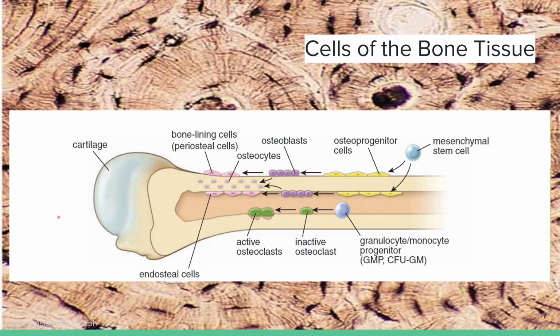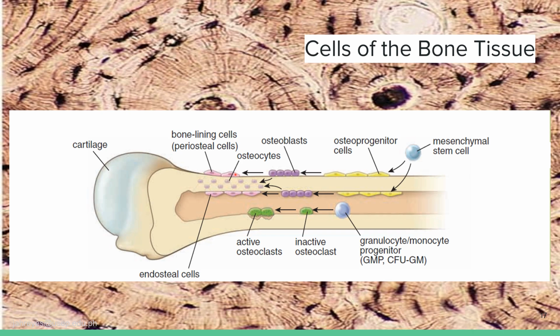So this is a general picture of the different cells of the bone tissue. So you can see here osteoblasts and osteoclasts will line bone surfaces, and the active osteoclasts will have a certain processes or ruffled border appearance here, meaning they are active in their bone resorption process, while the osteoblast will release bone matrix.